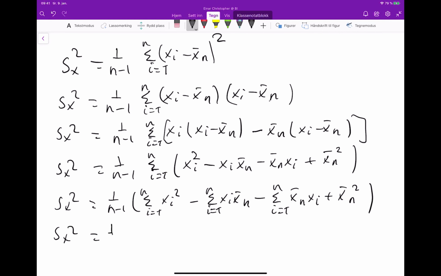So now I can write this as, I can now put the x bar outside the summation sign, remembering that x bar n is a constant, like this, and also here.